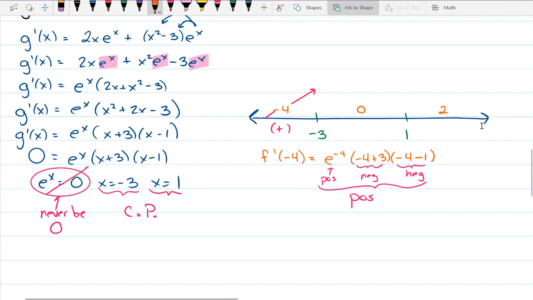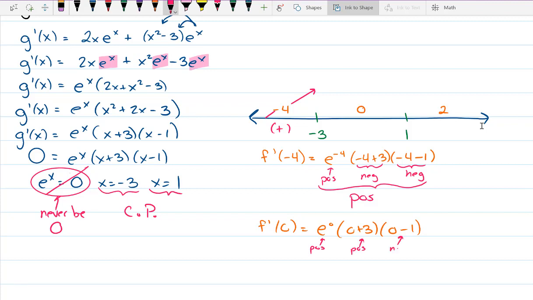Now let's do the same thing with 0. You get g prime of 0, which equals e to the 0, 0 plus 3, and 0 minus 1. This gives us a positive because it's 1. This is positive, and this is negative. So you get a negative.